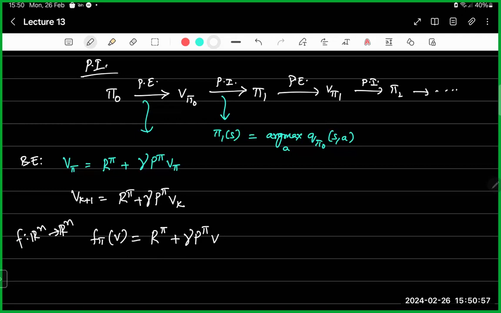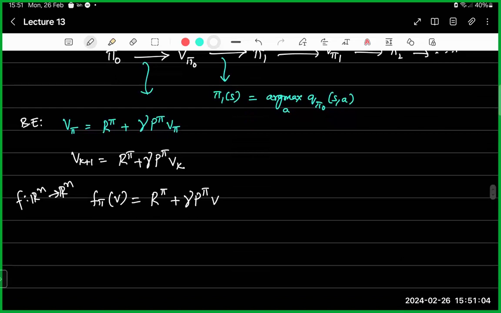We have shown that this particular function is a contraction mapping. So that's why this iteration will converge to V pi naught.